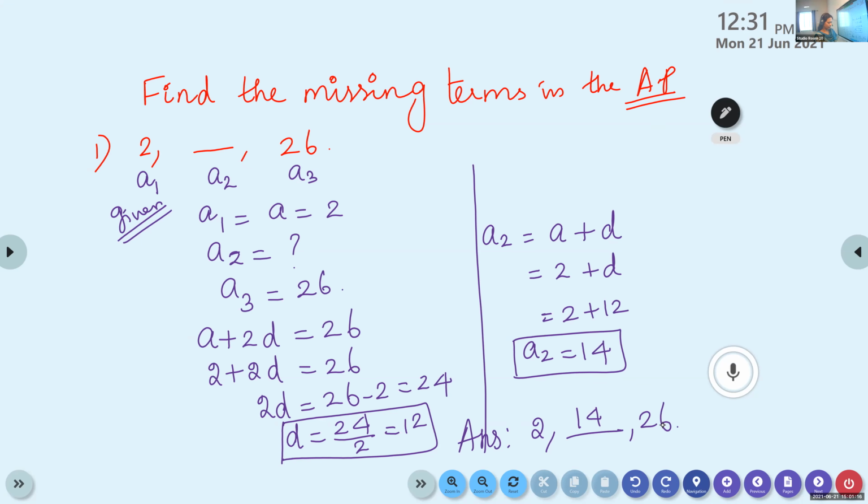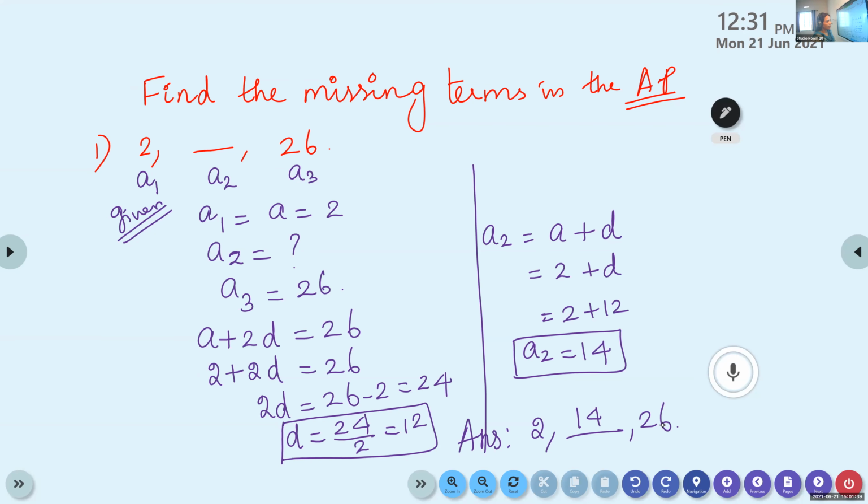Is it clear, children? Ma'am, at the end of the answer, do we have to write the AP? Yes, you can write the AP, because we want to find the missing term. Here the missing term is 14, so we write the AP: 2, 14, 26.